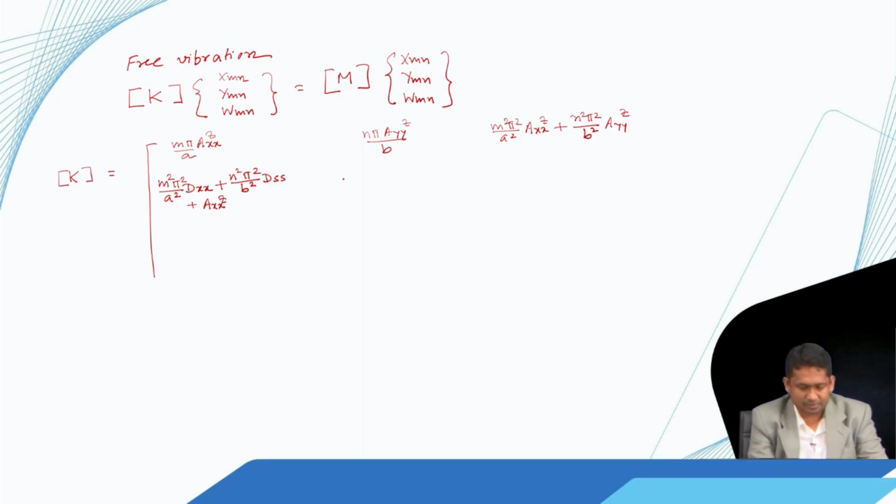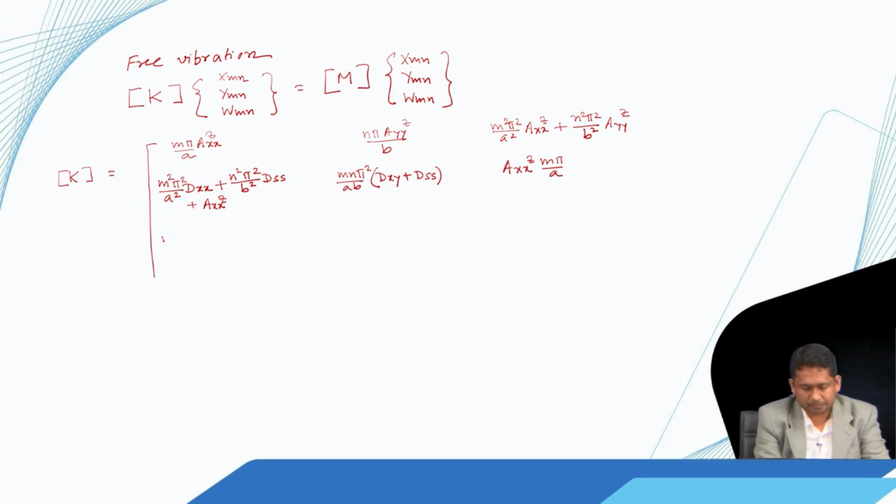Then the second diagonal term, that is mn pi square by ab, multiplied with dxy plus dss, and then we have axxz m pi by a.